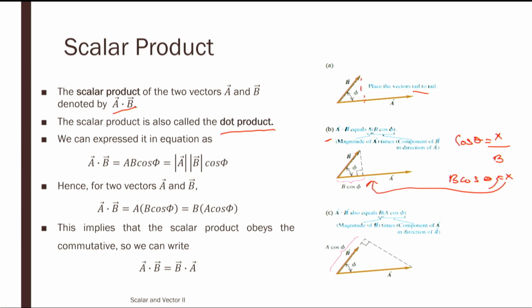At the same time, if we want to find the component along vector B, we can find it by extending this triangle like this. So we can also find the component along B by extending this diagram this way.